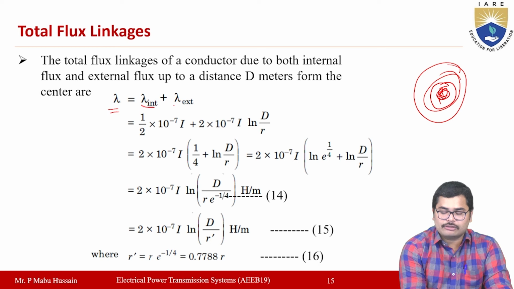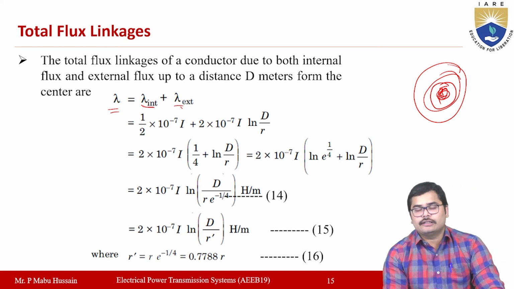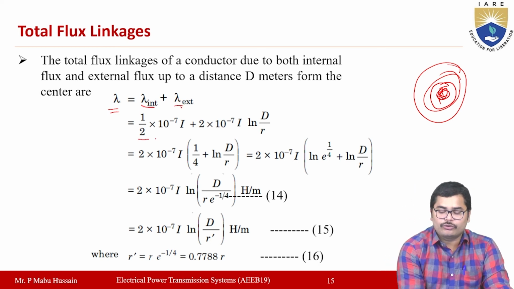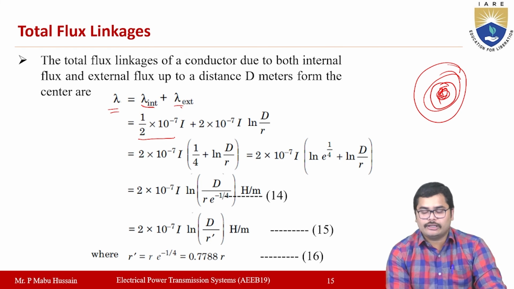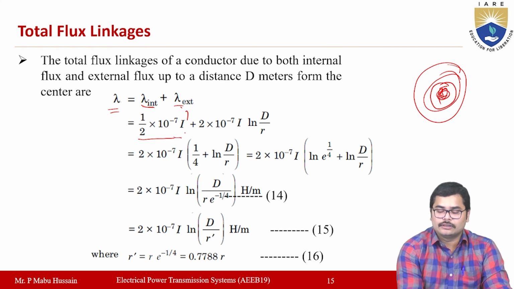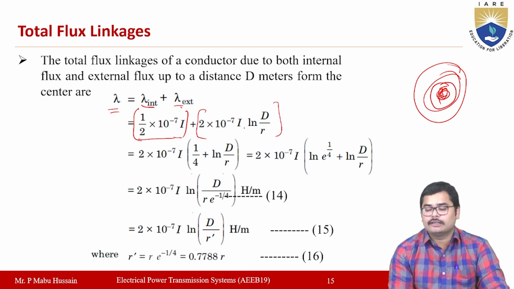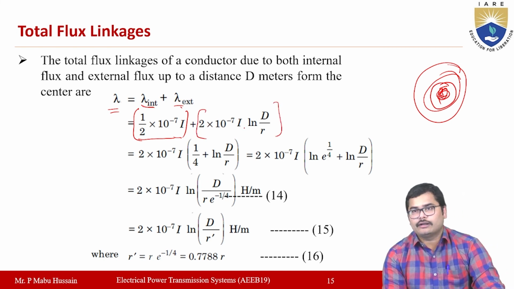We developed the expressions: lambda internal is equal to 1 by 2 into 10 to the power of minus 7 into I, and lambda external is 2 into 10 power minus 7 into I ln d by r.